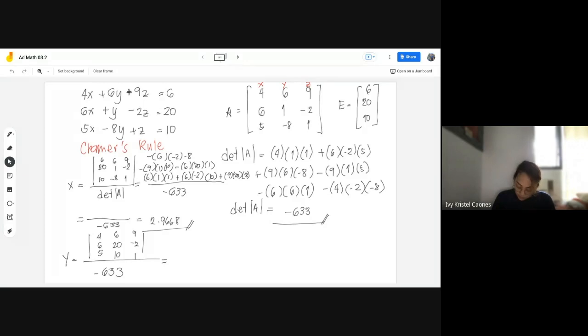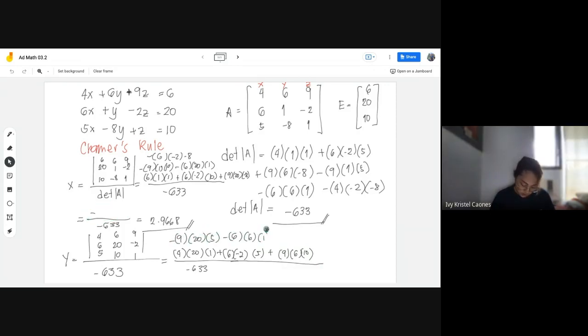So what's the value of the numerator? It will be negative. Yes, negative 1860.